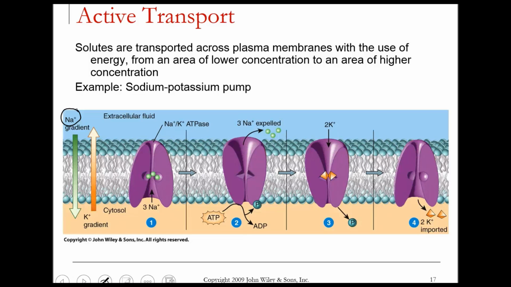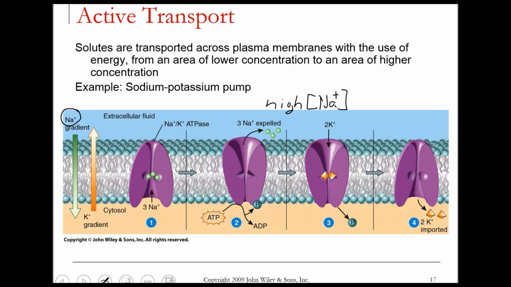Sodium is found in a higher concentration outside of the cell. So this outside of the cell has a high concentration of sodium ions. Remember, square brackets means concentration of. So we have a high sodium concentration in the extracellular fluid, a lower sodium concentration in the intracellular fluid.